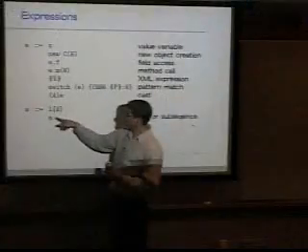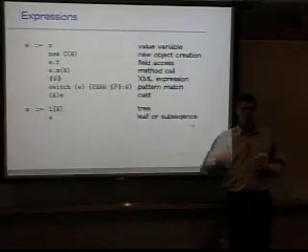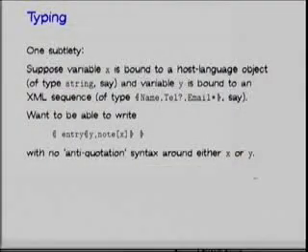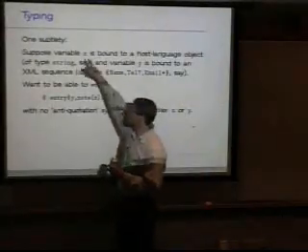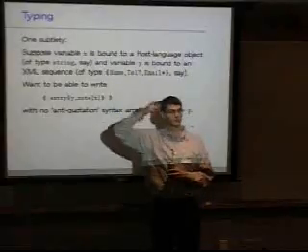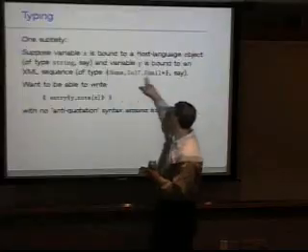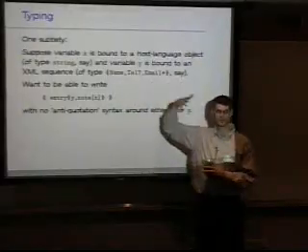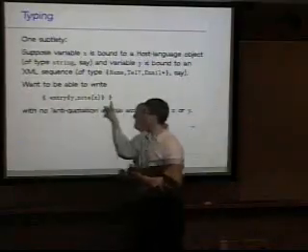When expressions appear in these sequences, they might be either leaves or subsequences that we want to splice in. And we have to treat both of them in a syntactically uniform way. So here's the example. Suppose that the variable x in the surrounding context is bound to a host string, and suppose that the variable y is bound to some XML sequence, some XML value. We want to be able to write something like this.